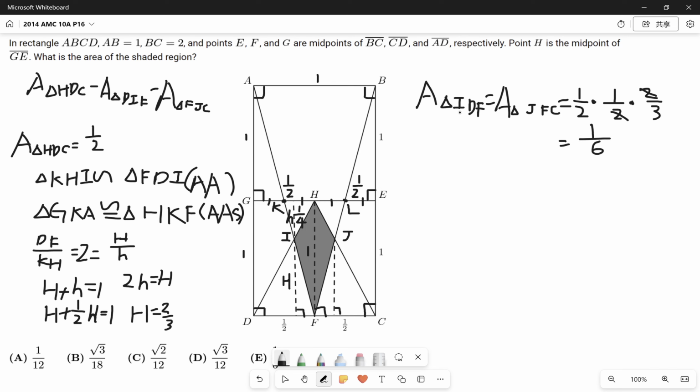So the answer here is 1 over 6. So that's the area of IDF and JFC.